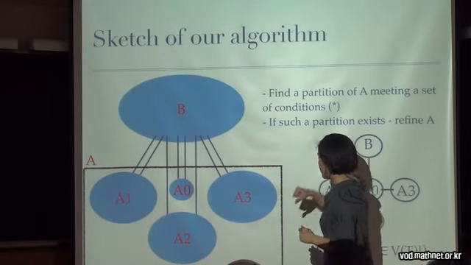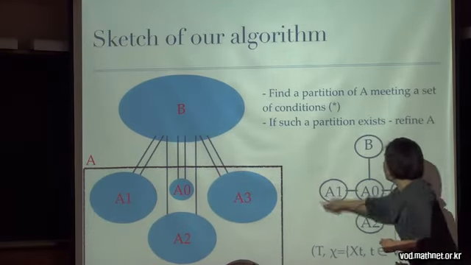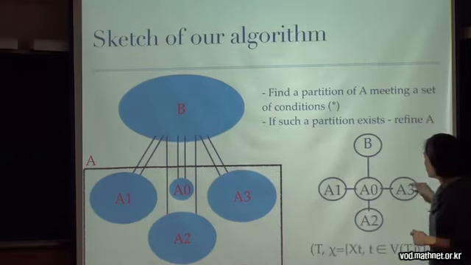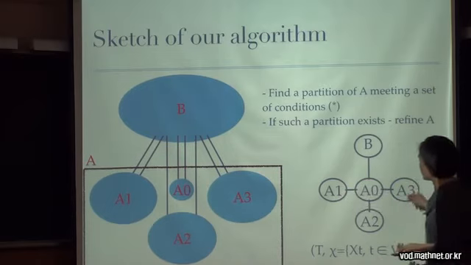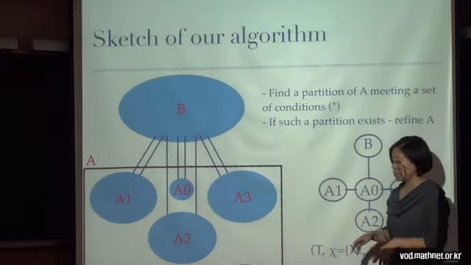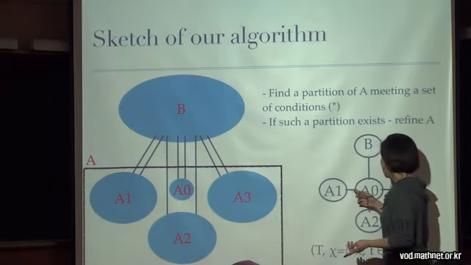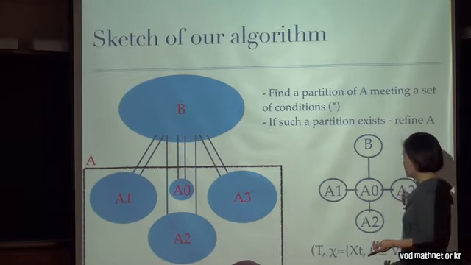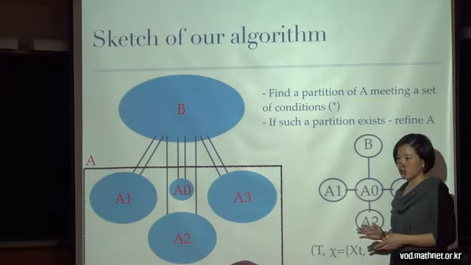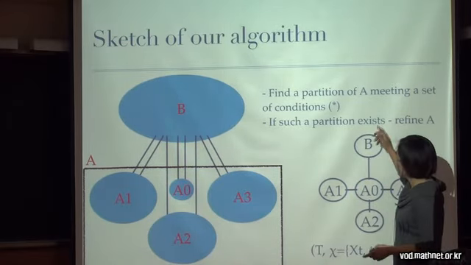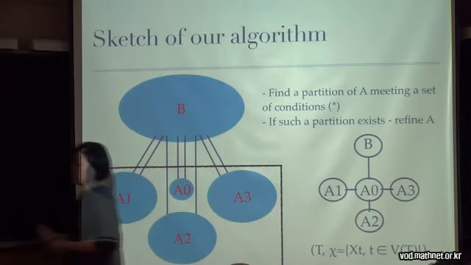So how do we refine this A into A0, A1, A2, A3? Because A0, A1, A2, A3 forms a partition, we need to find a partition of A. And we want to have that the bag size decreases, it's non-degenerate, and also the cut size should be at most 2k. The partition should satisfy some criteria, right? And what criteria do you want to satisfy?